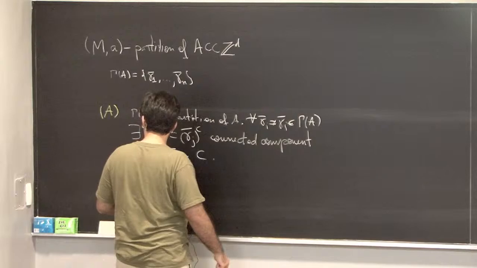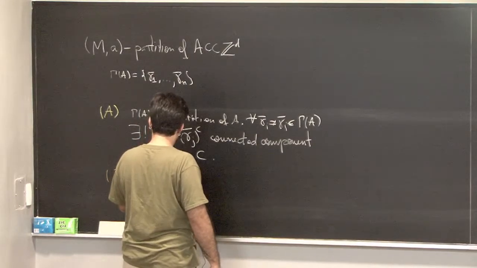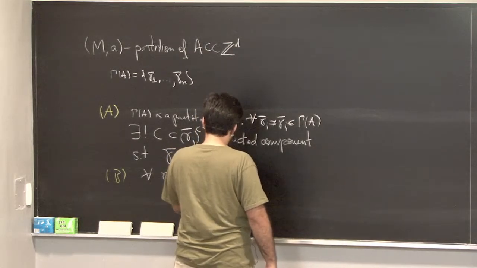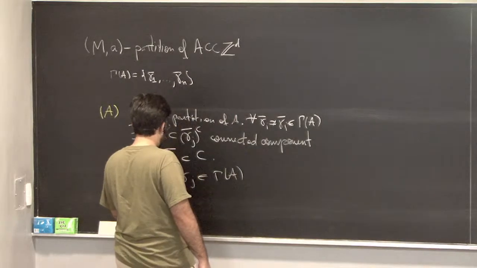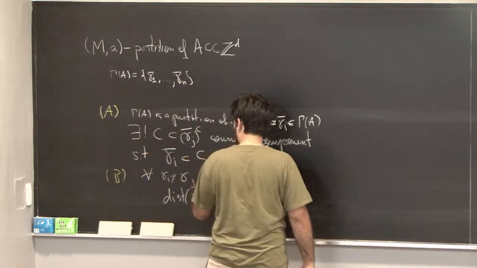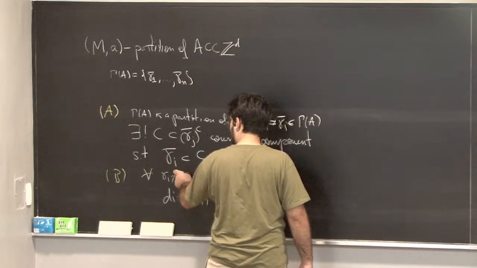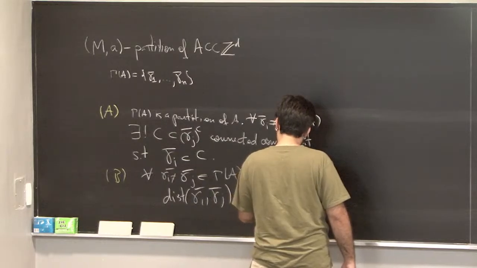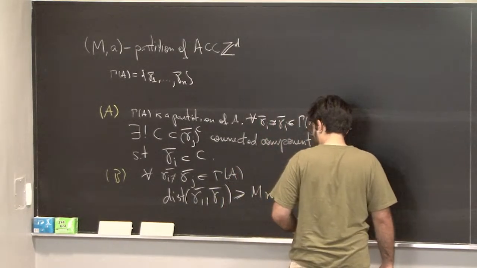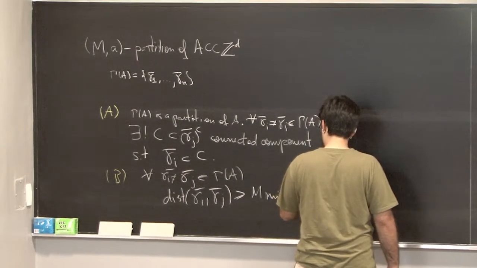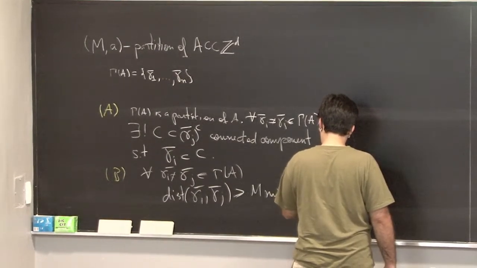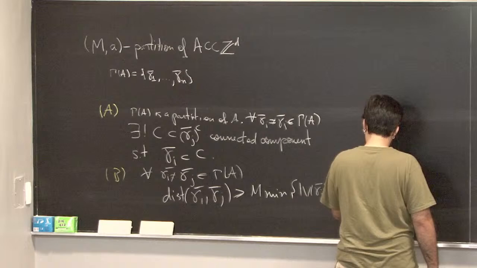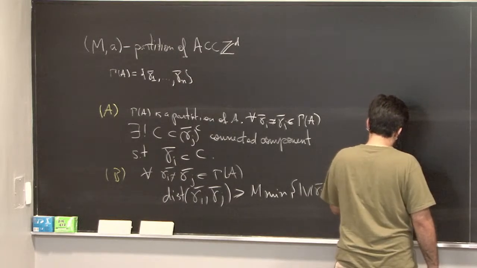And this says the following, that for any distinct elements inside gamma A, we have that the distance between these two is larger than M times the minimum of the volumes to the power A over D plus 1.